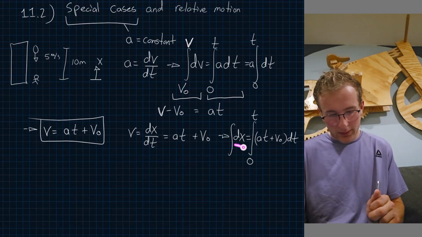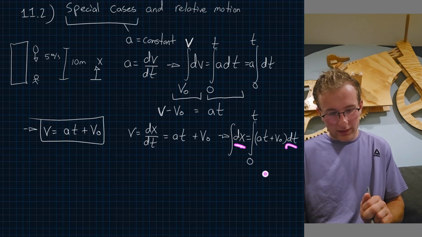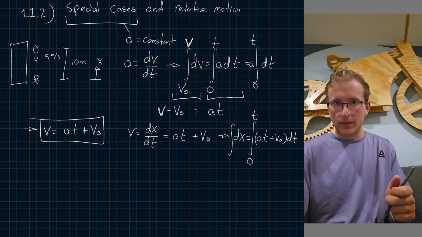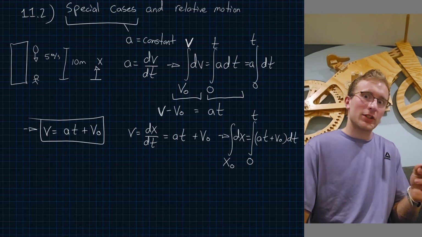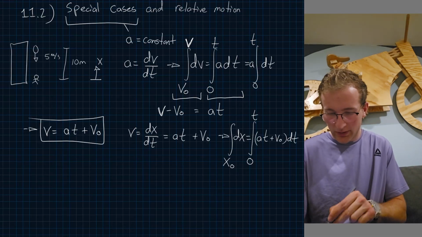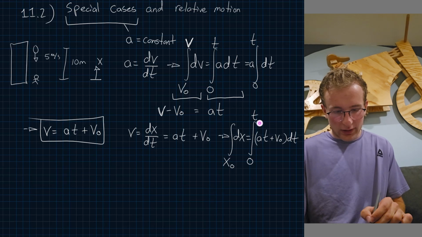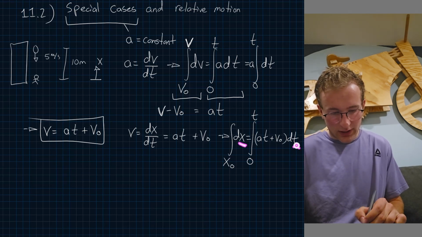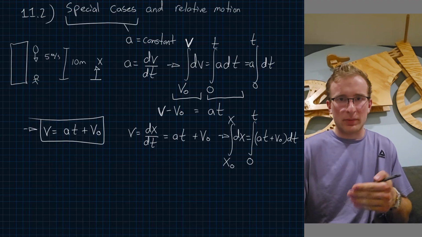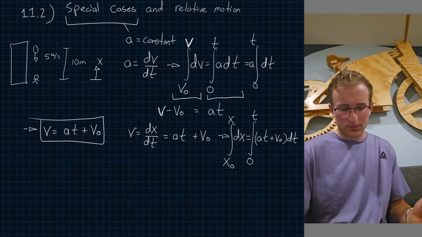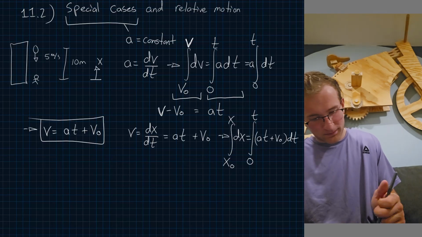What is my position x at time 0? Well, I'm just going to call it x naught. So x naught is my position at time equal to 0. And then what is my position at time t? Well, it's just some arbitrary position x. Okay.